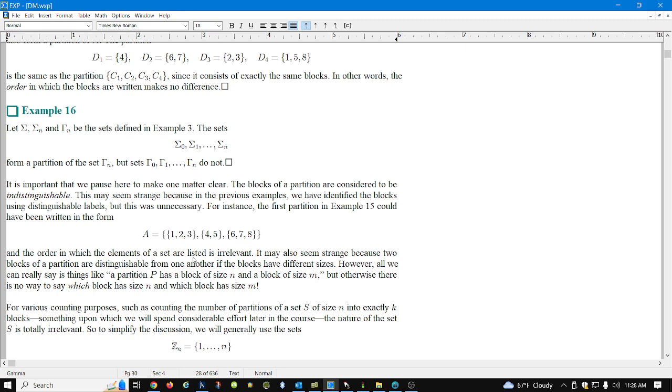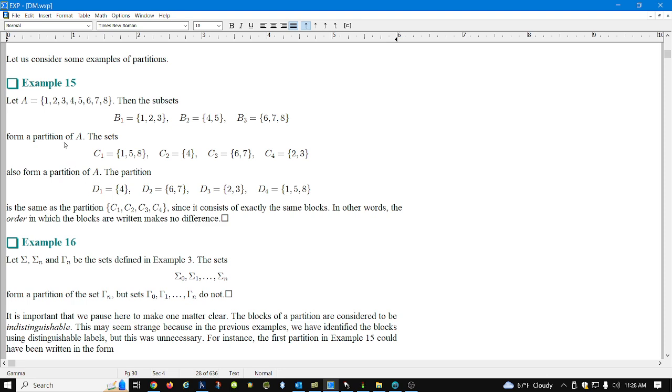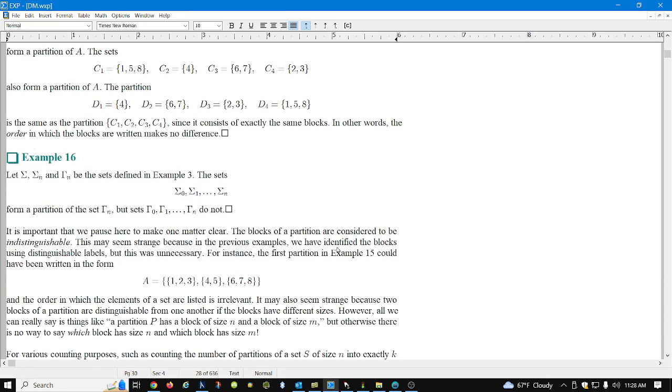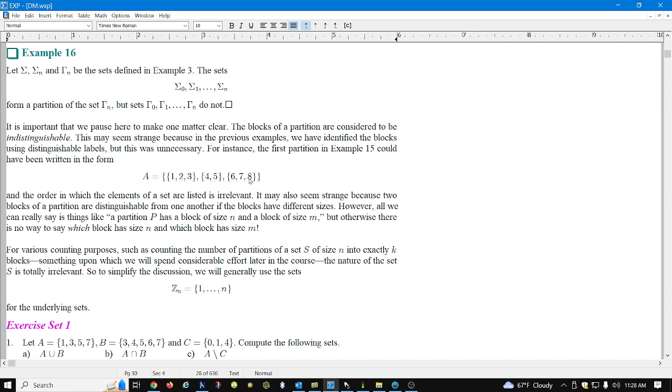But that wasn't necessary. So for example, if you look at this, the set A, which is the set from 1 to 8, this is a partition. It's a family of subsets that fit the definition of partition. And I haven't assigned letters or symbols to the individual blocks.